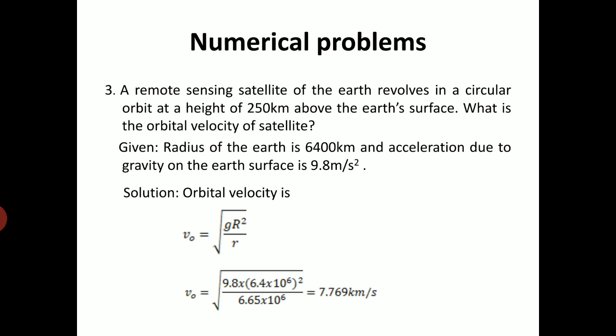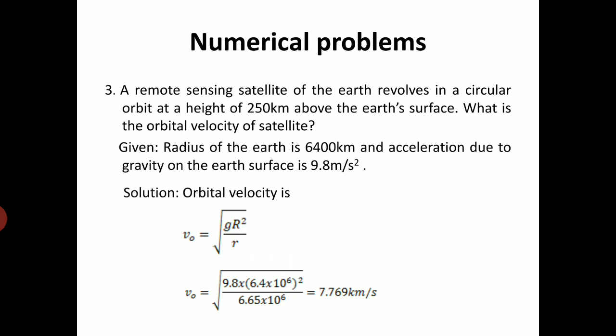If we look into the next problem, problem 3: a remote sensing satellite of the Earth revolves in a circular orbit at a height of 250 km above the Earth's surface. What is the orbital velocity of the satellite?